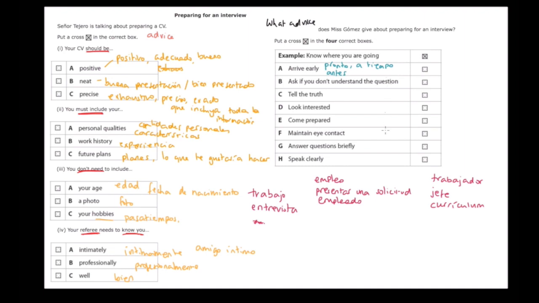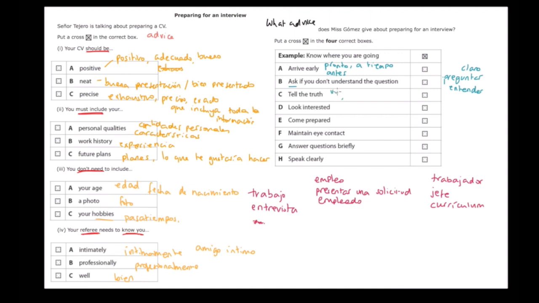Ask if you don't understand the question. And by the way, in this question, we are marking 4 out of 8, so 4 of these pieces of advice are correct. So ask if you don't understand the question. We've got the word preguntar. You may hear words like entender, to understand. You may hear words like claro, clear, or claridad, clarity, that points you towards this answer.